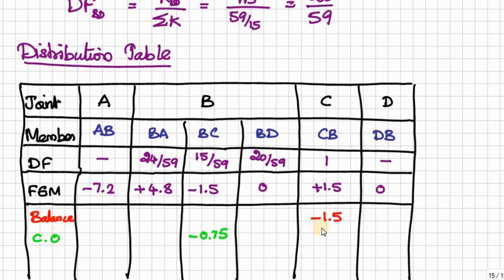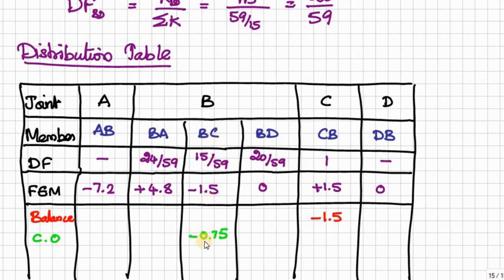Due to the application of moment at C, the far end, which is fixed or an interior support, will get a moment as carryover. The far end of the CB member is BC here.